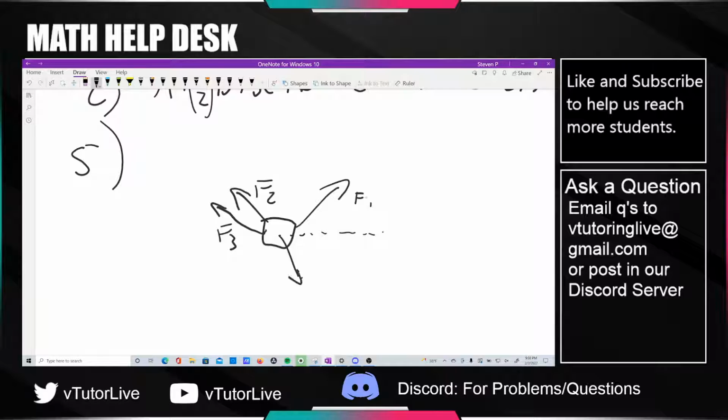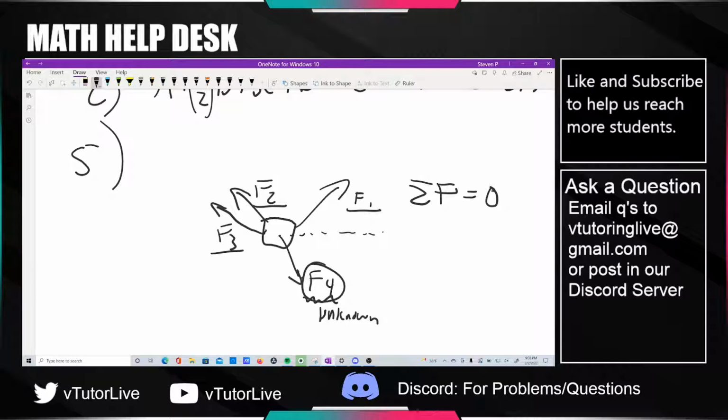You're given F1, F2, and F3, but F4 is unknown. The fact that they tell you it's stationary, so the sum of all the forces is equal to 0, means that you can figure out what F4 has got to be. If the total force is 0, that basically means that F4 has got to cancel out all the rest.